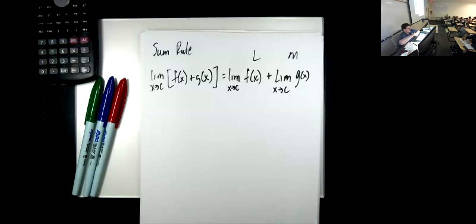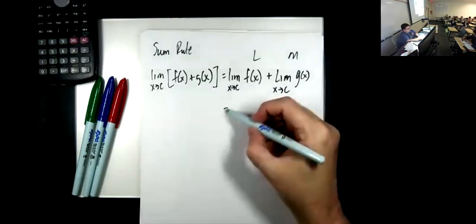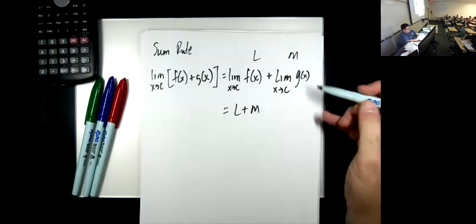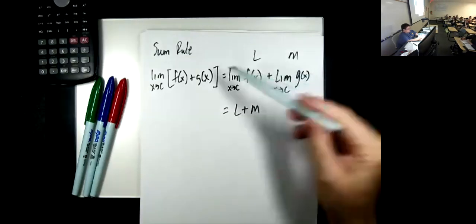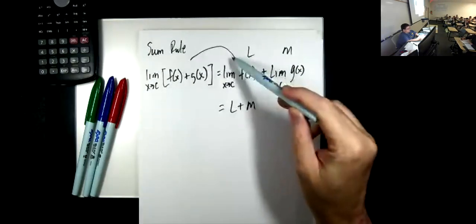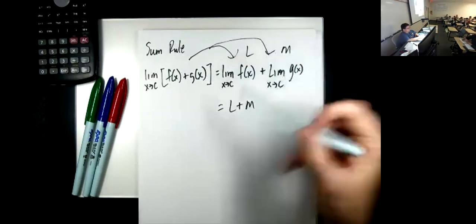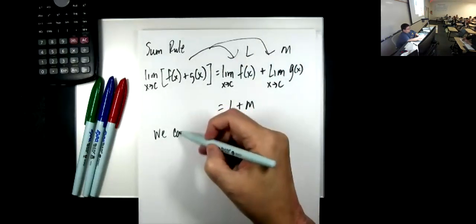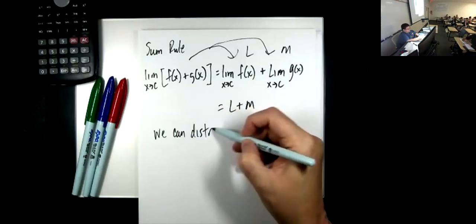So the sum rule shows that this equals L plus M. But what it skips is it doesn't show that you can distribute the limit. We can distribute the limit.